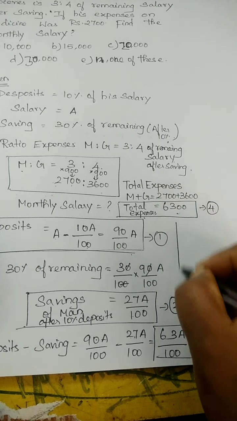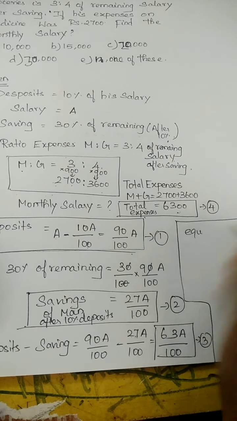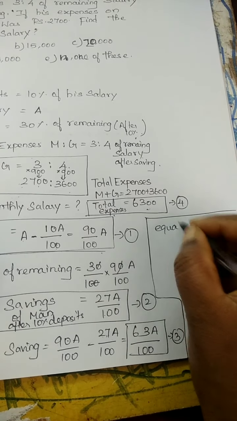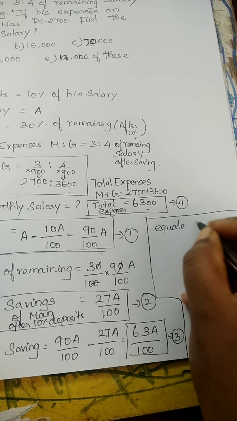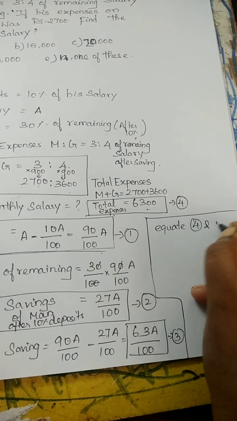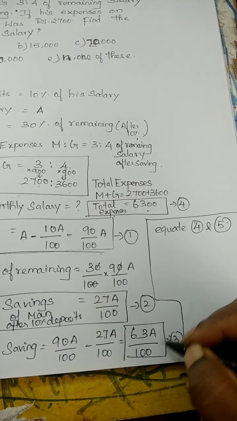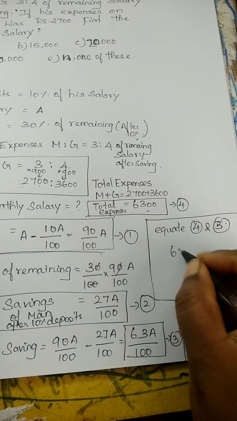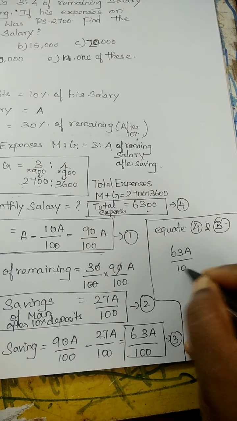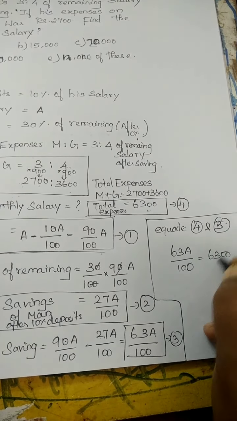Now equate 3 and 4. 63A by 100 is equal to 6300.